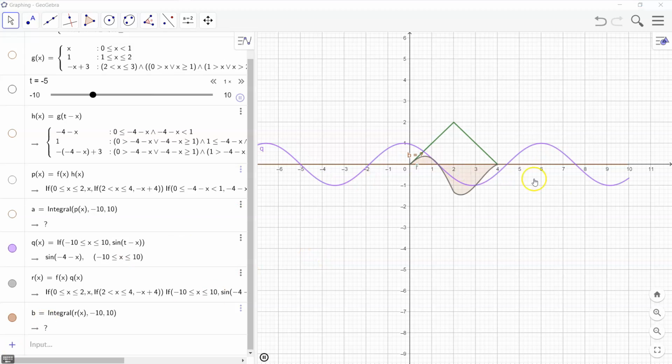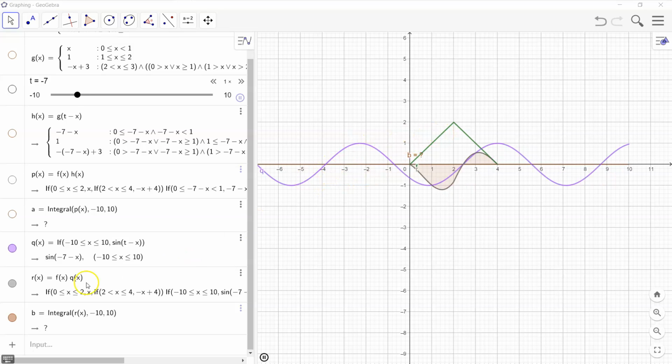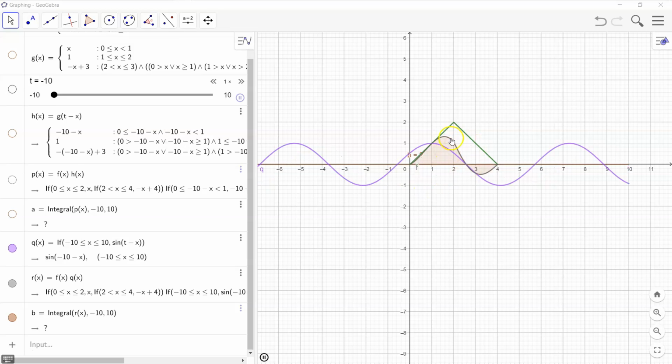And remember, this process is called convolution. Or in other words, two functions f of x and in this case q of x are convolving with each other to produce a third curve, and the area under that curve is what we are interested in.